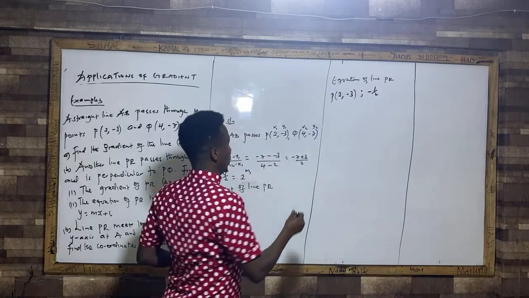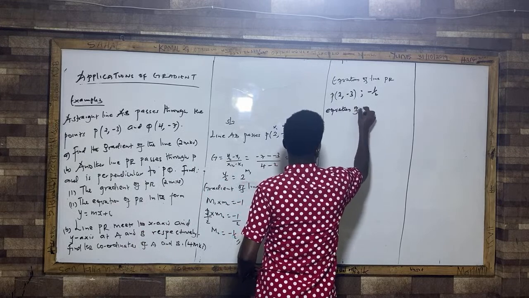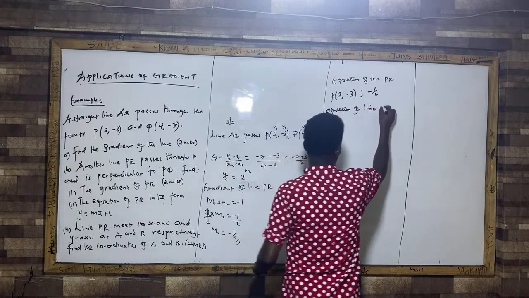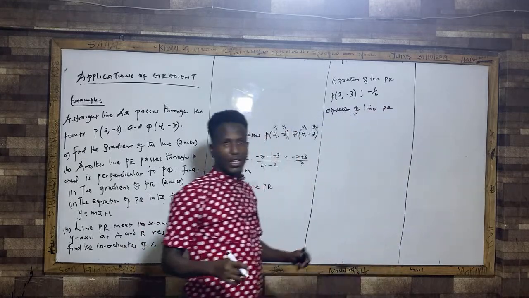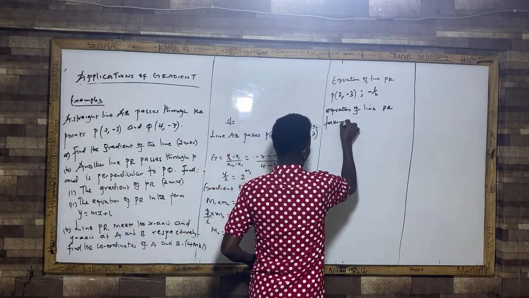So let me get the equation of line BR. How are you going to get that? We are going to use a general point.